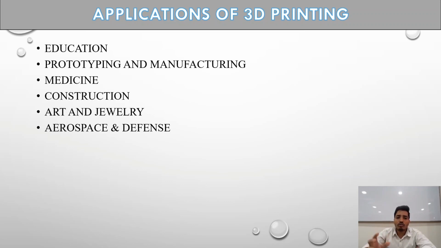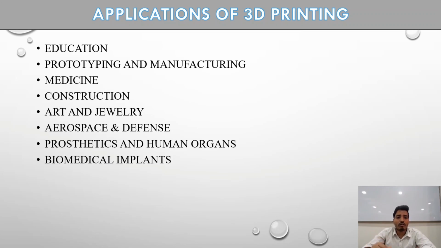Aerospace, defense, and prosthetic human organs like hearts and lungs are designed and manufactured using 3D printing technology. Then biomedical implants are made. Pharmaceutical companies are also using 3D printing technology. So the list is very huge. These are a few of the applications I have mentioned here. You can Google it and find n number of applications of 3D printing.